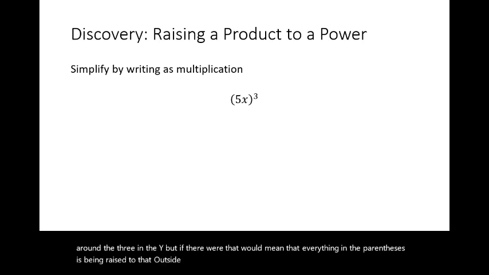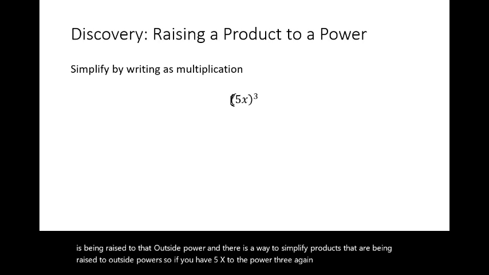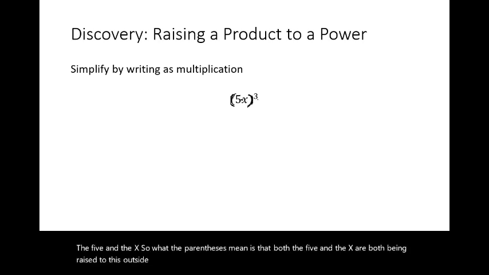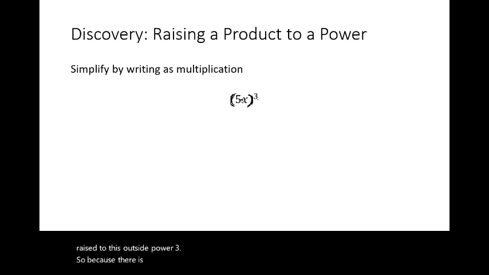And there is a way to simplify products that are being raised to outside powers. So if you have 5x to the power 3, the parentheses are grouping together the 5 and the x, so both the 5 and the x are being raised to this outside power 3. Because there is hidden multiplication here, you can think of these as separate.